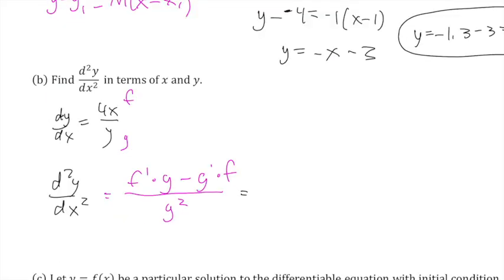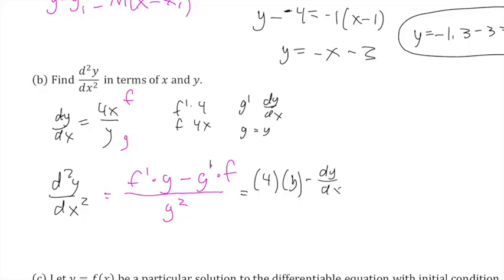The derivative of f is 4, and the derivative of g is dy dx. So we get 4 times g, which is y in this case, minus g prime, which is dy dx, times f, which is 4x, all over y squared.